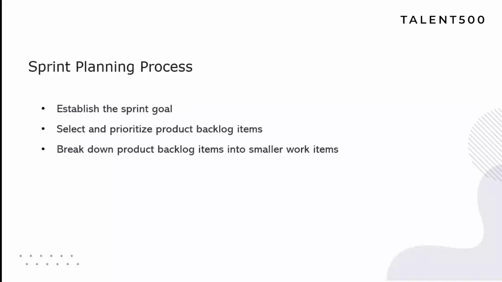Which means while you start your sprint planning, you should have enough detail to start your work on. It's not necessary that you have all the details of all the user stories or work items during sprint planning. The details can emerge or be discovered as you start the work in your sprint.